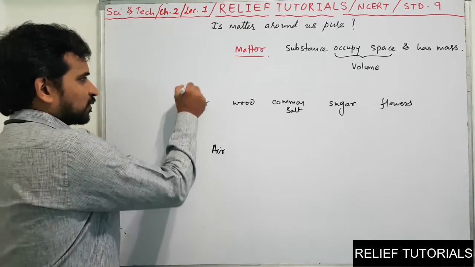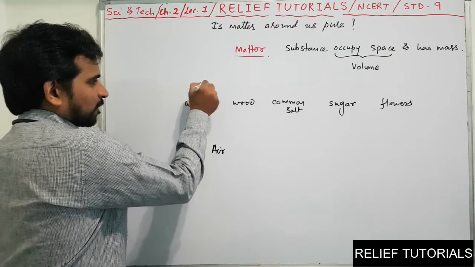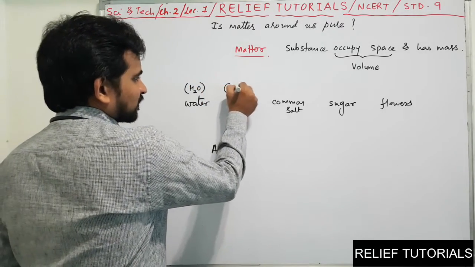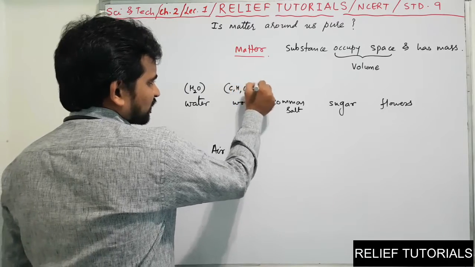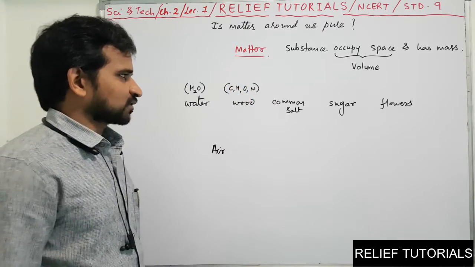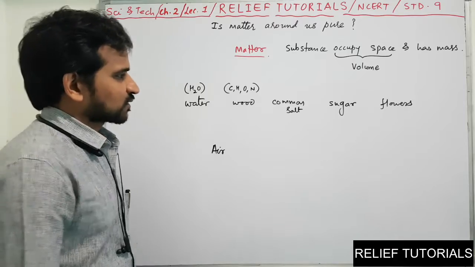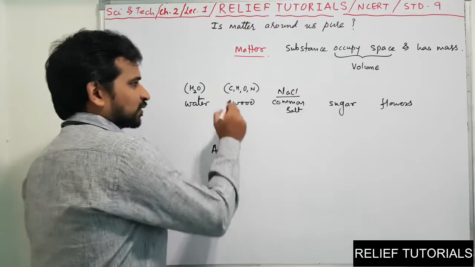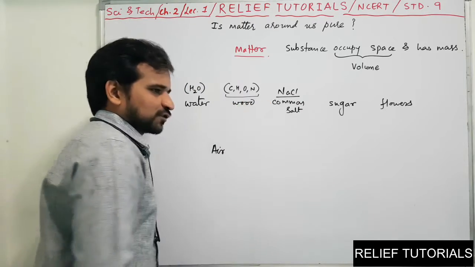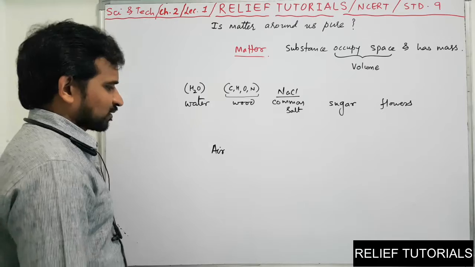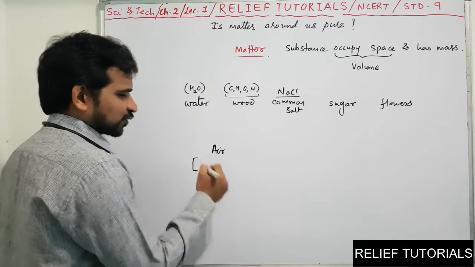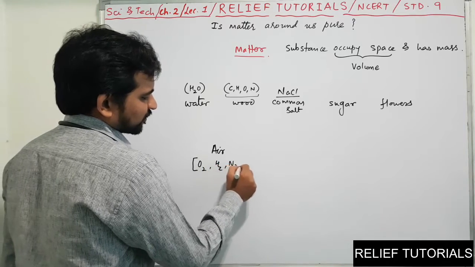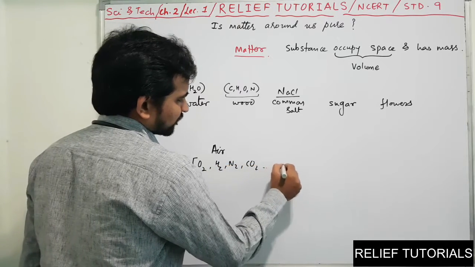You know the chemical formula for water, that is H2O. Wood is actually made from carbon, hydrogen, oxygen, nitrogen. These are the important substances present in wood. Common salt, the chemical formula is NaCl. There is no particular chemical formula for wood, but it is a mixture of this type of atoms. Air, we know that it's a mixture of gases, oxygen, nitrogen, carbon dioxide, and many more.